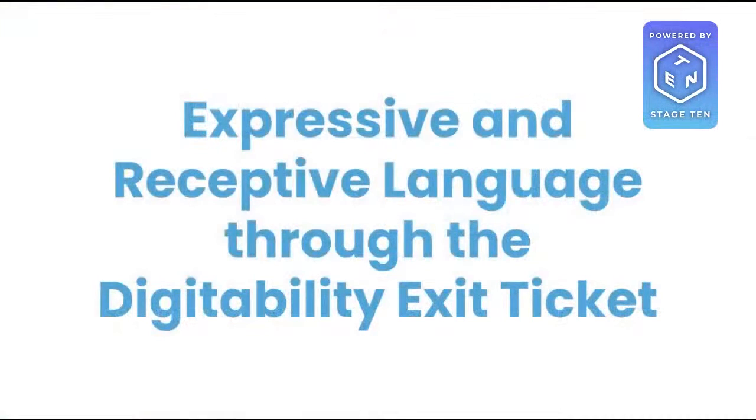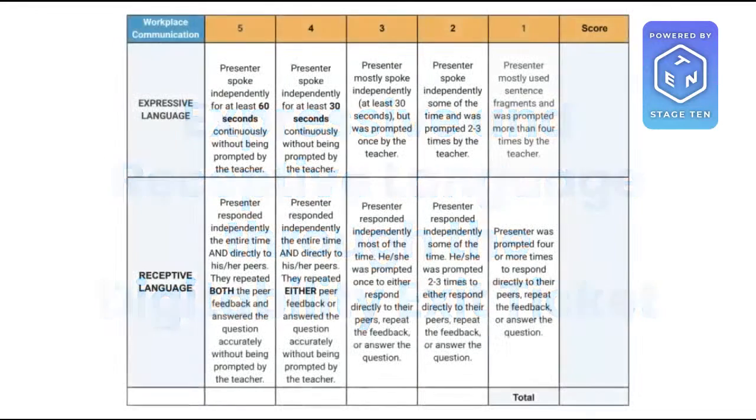Another way that reinforcement is built into Digitability is through reinforcing the development of expressive and receptive language, which is embedded in the exit ticket. A workplace communication rubric is included in each lesson to measure both receptive and expressive language. Using this rubric, students will be scored on expressive and receptive language.